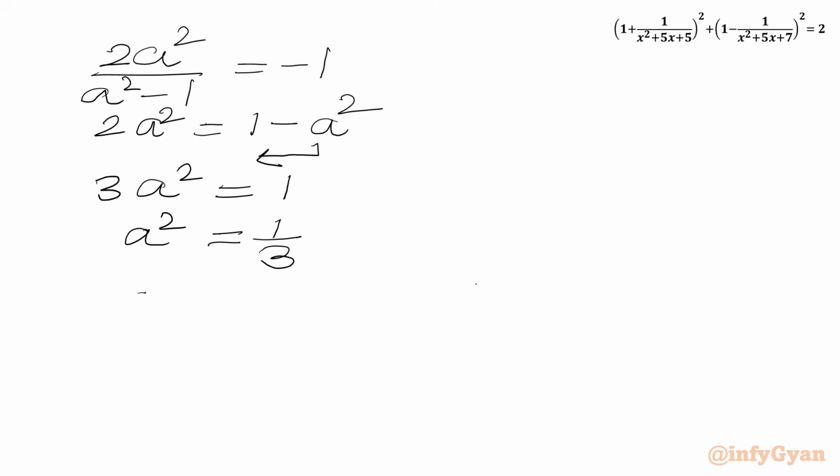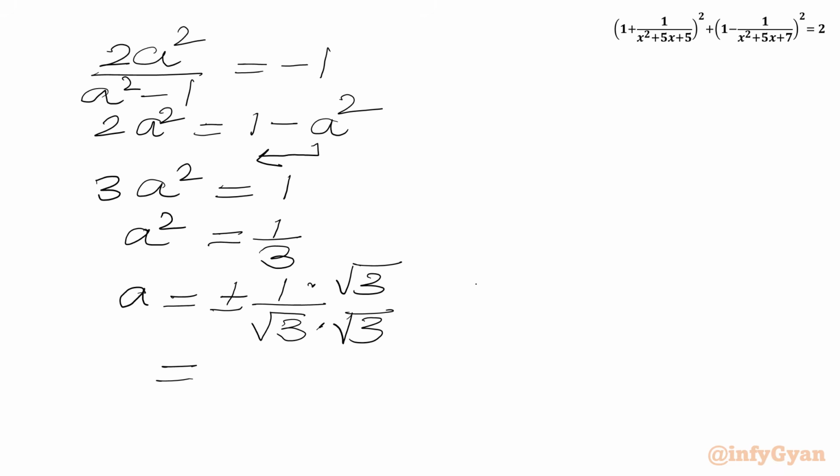Now we will take a square root both sides and write a will be equal to plus minus 1 over square root 3. Or we can rationalize our denominator and write root 3 with plus minus sign over 3.